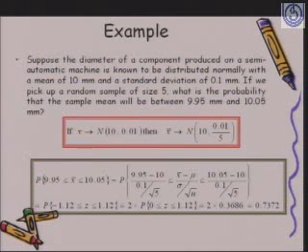So your final probability that your sample mean would lie between 9.95 and 10.05 would be 0.7372. So this was the example that I wanted to give you, and this must have explained these concepts in a much better manner.